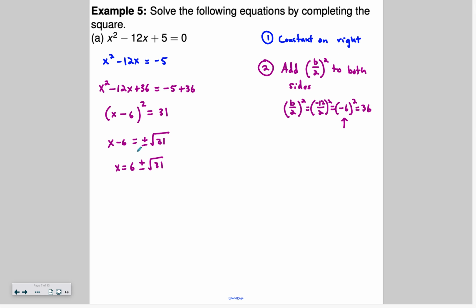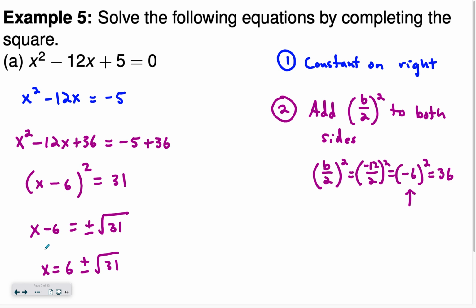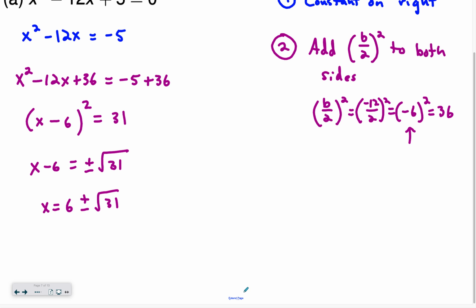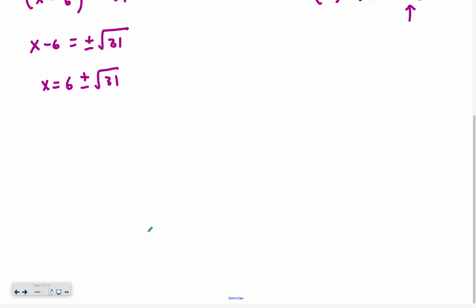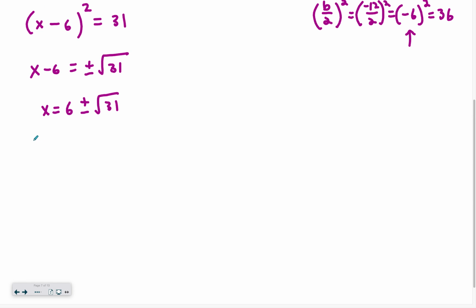Now, some students are going to look at that and they're not going to think it's actually 2 different answers. They think it's just 1. But it is 2, right? One of them is x equals 6 plus root 31. The other one is x equals 6 minus root 31.